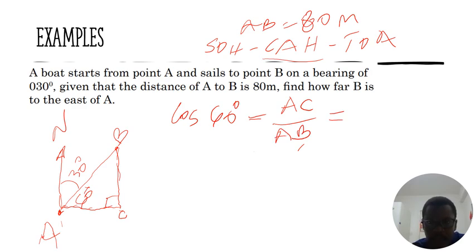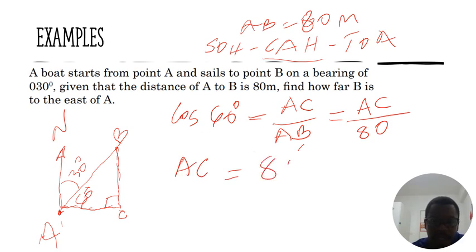And that will be equal to AC, which we don't know, it's the one that we want to find, and AB is equal to 80 meters. Now we make AC the subject of the formula. AC will be equal to 80 times cos 60 degrees. Okay, so let's use our calculator.